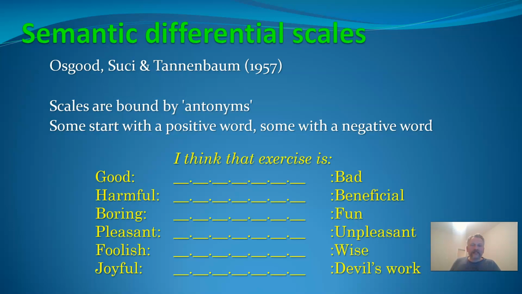These antonyms are polar opposites of each other. Just as an example, let's say the statement is, I think that exercise is, and then we've got a 7-point differential ranging from good on one side through to bad on the other. And so what the person has to do, in much respects like the Likert scale, is simply indicate somewhere on that 7-point scale where they think the answer lies.